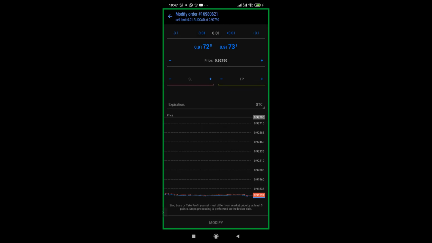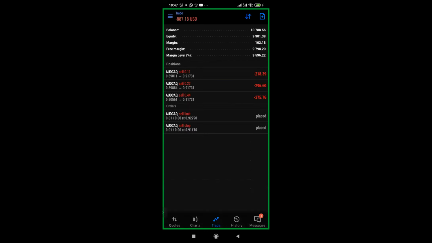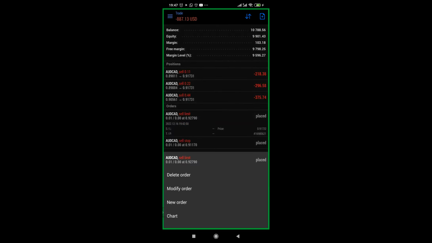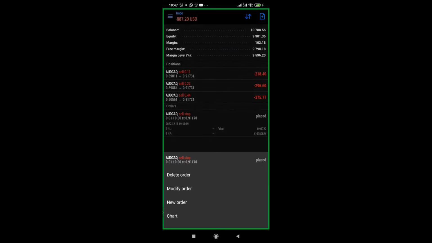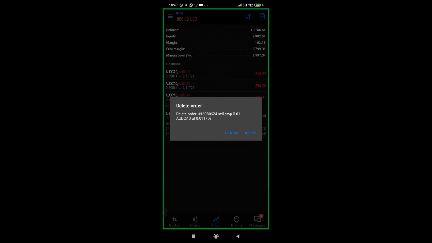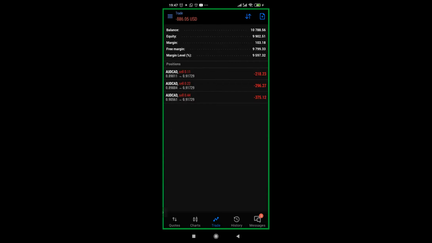All right, but let's delete it since we don't need it. So I'm going to delete it, and then it's off immediately. Delete the second one, and then it's off. All right, so that's how easy it is to open pending orders.